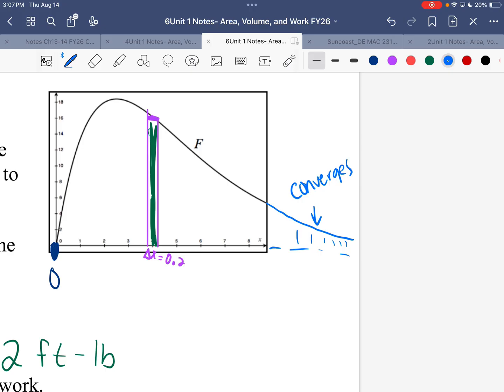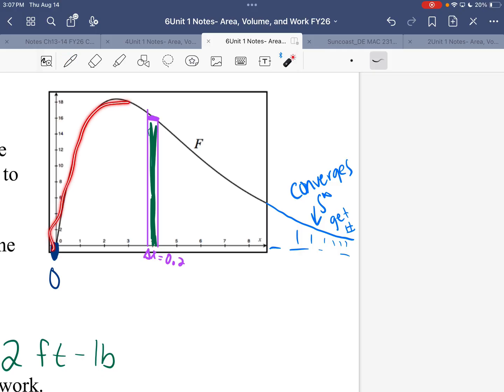So because it converges, you can integrate to infinity and get a number. Because it's converging to basically adding on zeros at the end. It just keeps adding on 0.00005, and the next force would be 0.0000008. So you can approximate the work of something that converges.